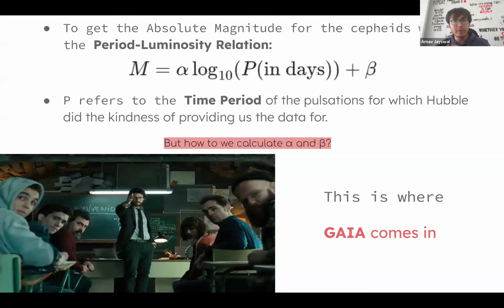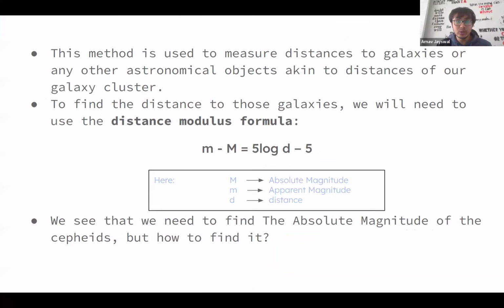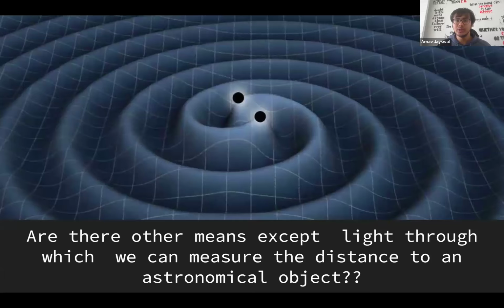Once you figure out alpha and beta, we can find the big M of basically any star, any Cepheid variable. After you find big M, you just apply small m minus big M plus 5 is equal to 5 log D, and by simple algebraic manipulation, you can get D. So this is what our process is.